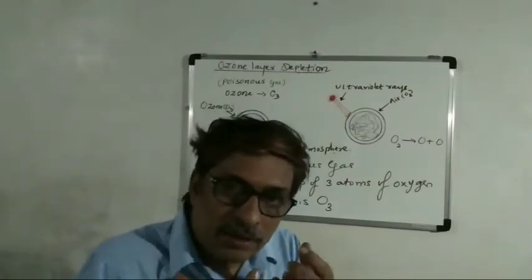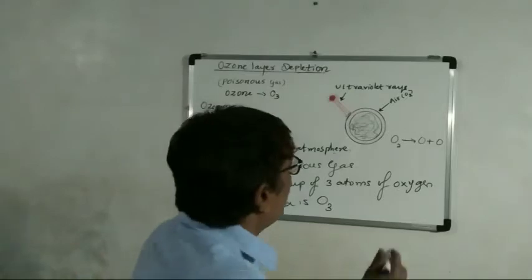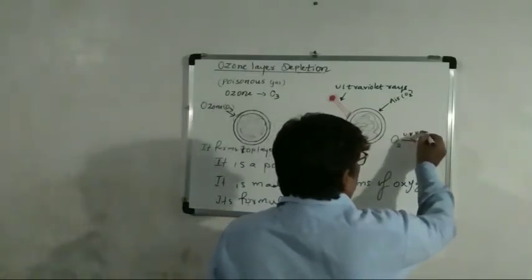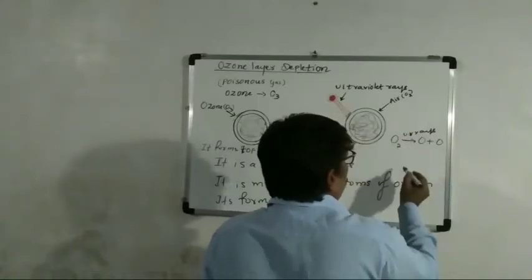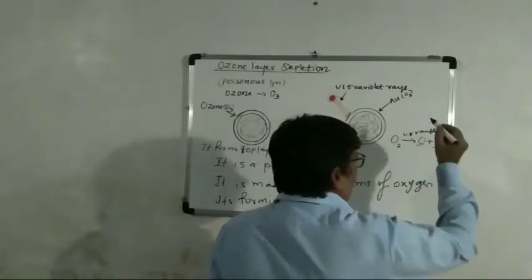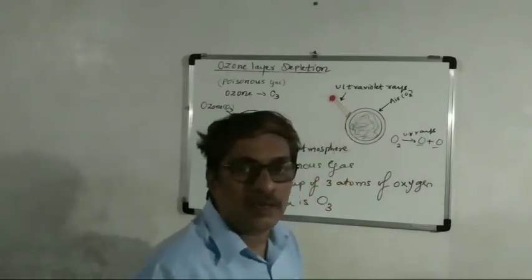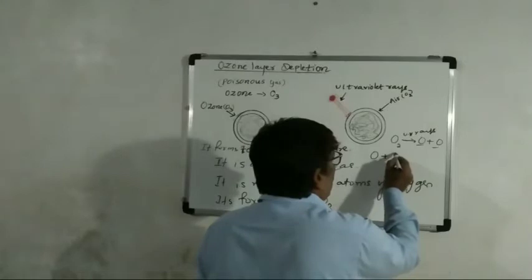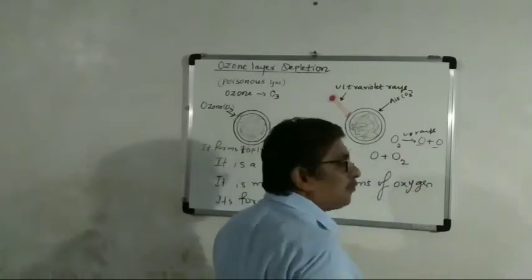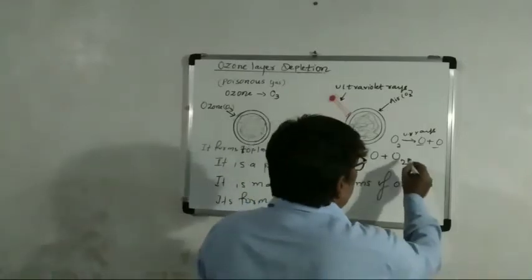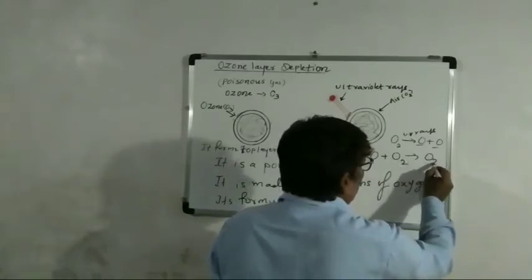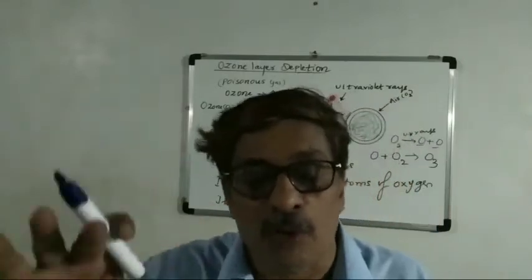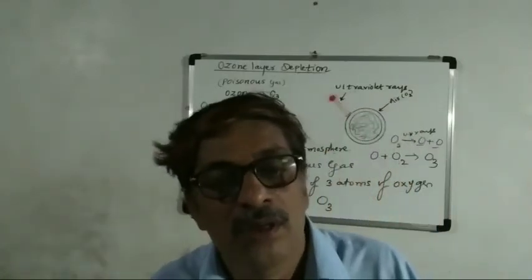This free atom of oxygen reacts with an oxygen molecule O2 and forms ozone. So in this way, the ozone layer is formed. Understood, students?